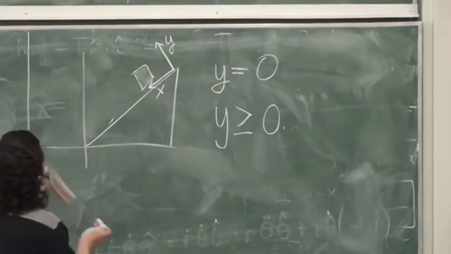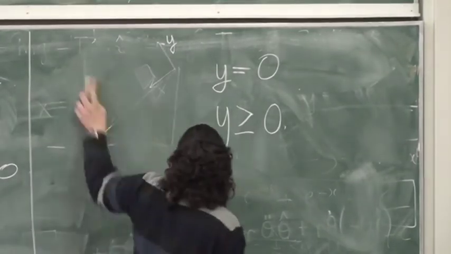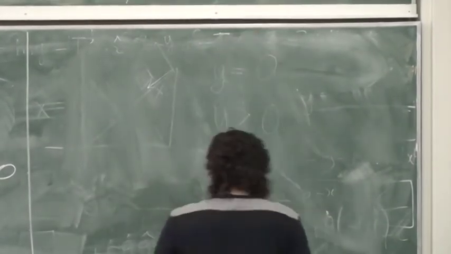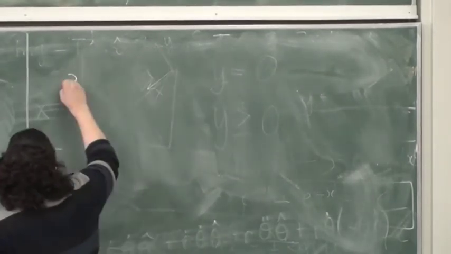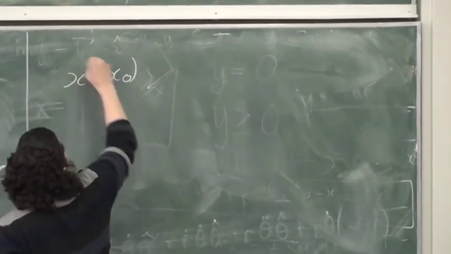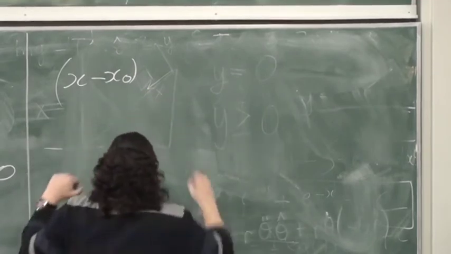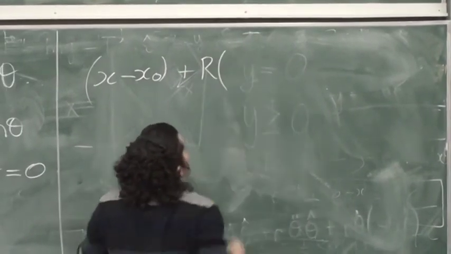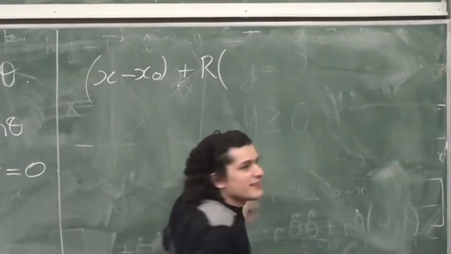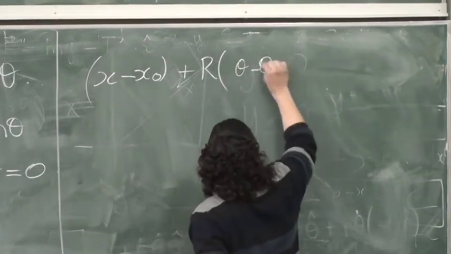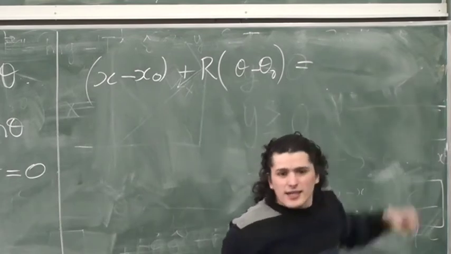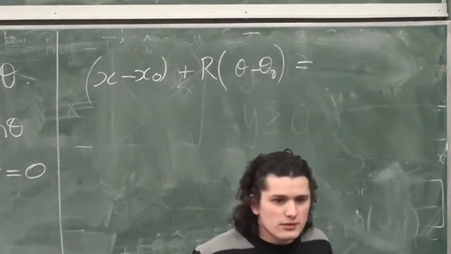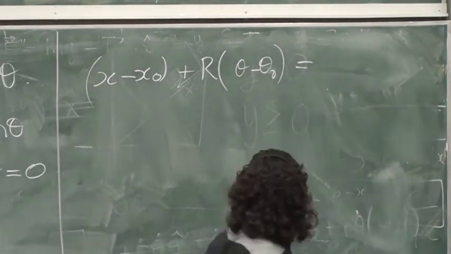Well, that's great, because the fundamental theorem of calculus is telling us everything we need to know. That first integral becomes x minus x0, x minus where x started, plus r times the second integral, which becomes theta minus theta 0, theta minus where theta started, is equal to the integral on the other side. Yeah? Yes, correct.